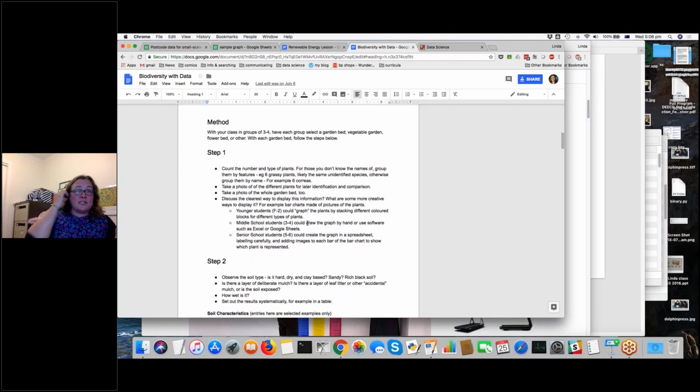So here you are in your first graphing exercise, and your young kids can graph the plants just by stacking different colored blocks in the classroom. Like, here's all my grassy plants. I've got 6 of them, so I'm going to stack up 6 blocks. And then your middles might do it by hand on paper, or if they're up to that, they can use Excel or Google Sheets or whatever spreadsheet package they have available to them.